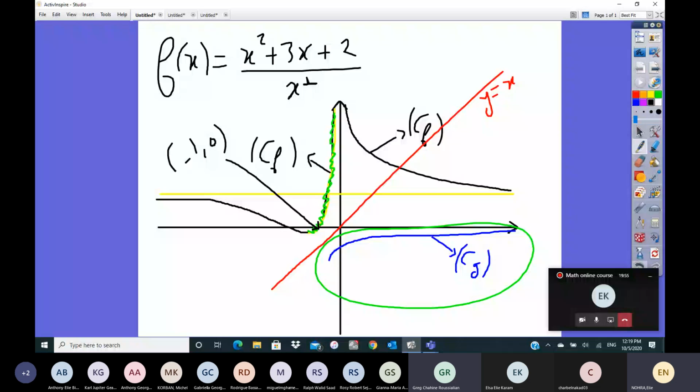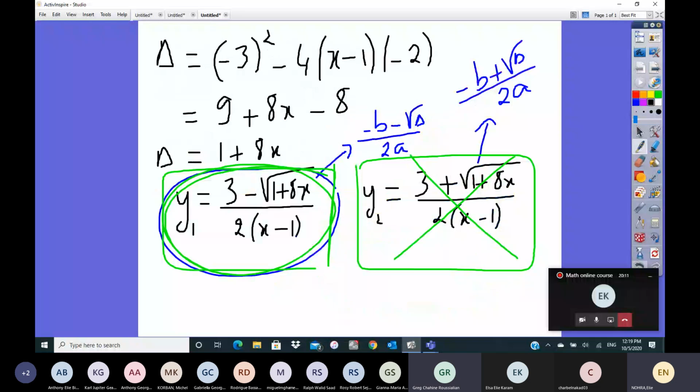If this is (-1, 0), what should be the point related to the inverse function? If (-1, 0) is on the curve, then (0, -1) is on the inverse. Very good. So replace x by 0 over here.